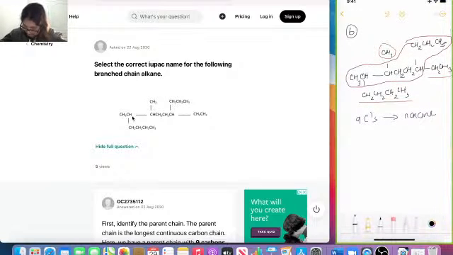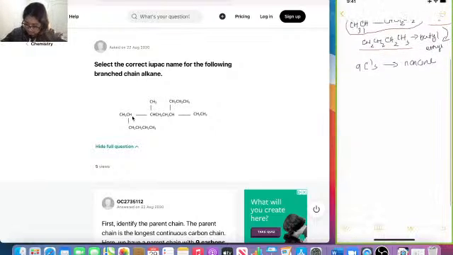this right here, since it has 1, 2, 3, 4 carbons, this is a butyl, right? And this has 1 carbon, this is a methyl. And this right here is your ethyl, right? You have 2 carbons here, this is your ethyl.